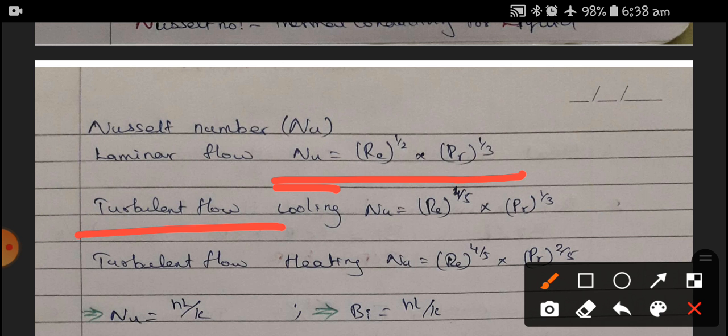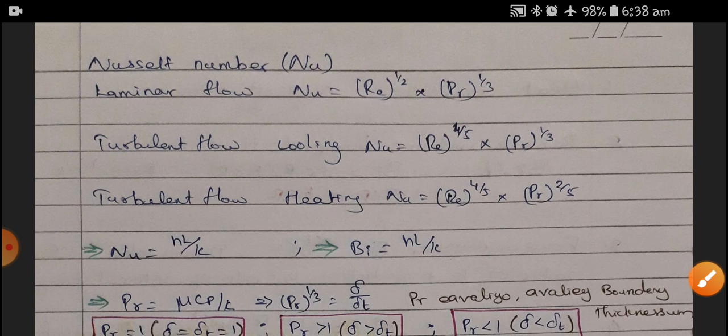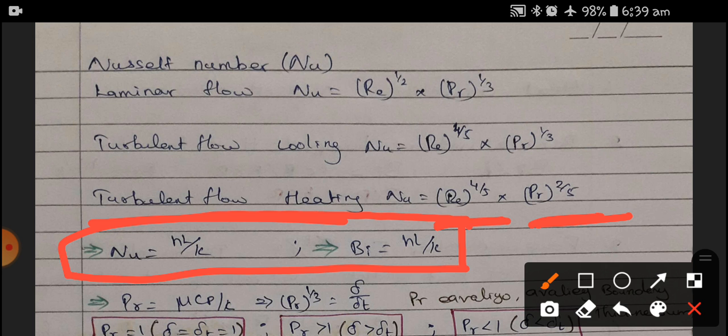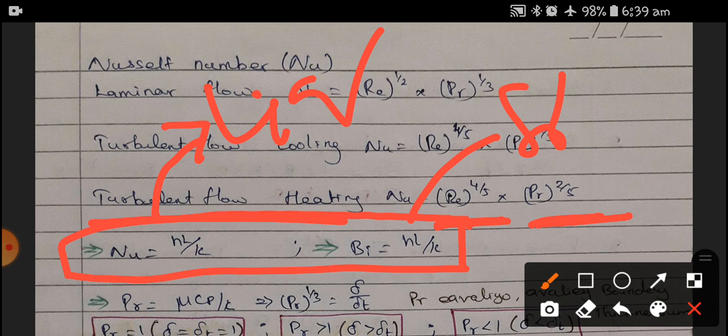And for turbulent flow for cooling, Nusselt number is equal to Reynolds number power 4 by 5 and Prandtl number power 1 by 3. For turbulent flow heating, Nusselt number is equal to Reynolds number power 4 by 5 and Prandtl number power 2 by 5. And here you can compare this Nusselt number and Biot number formula. Both are same, where Nusselt number is for liquids, Biot number is for solids. So this you have to remember.